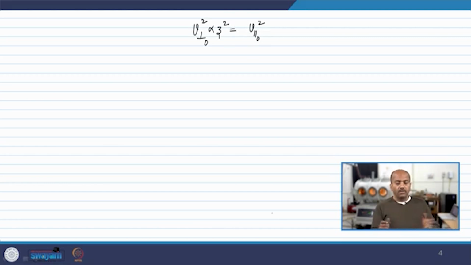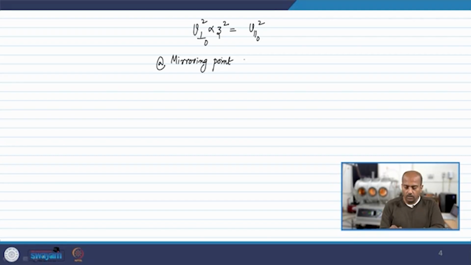So, we have everything in terms of the initial velocities, nothing representing the state of the electron at the mirroring point. What did we want? We wanted at the mirroring point Z equal to Zm.